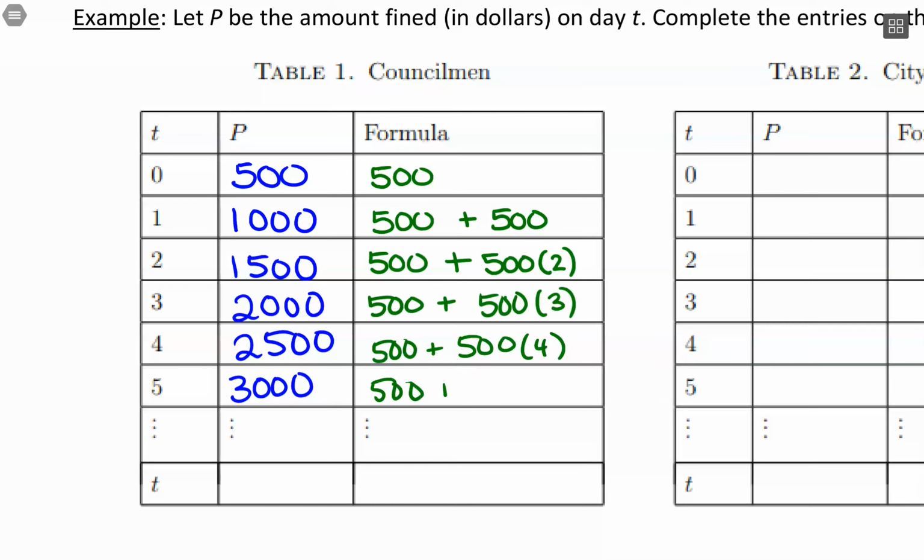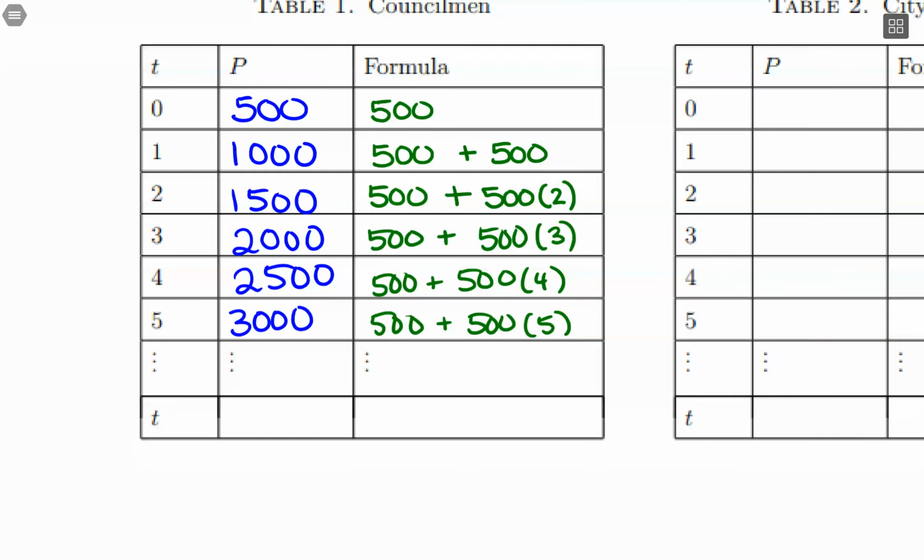So what this would look like in terms of a formula in general, for any number of days that has passed, is that initial value of $500 plus this additional $500 per day.